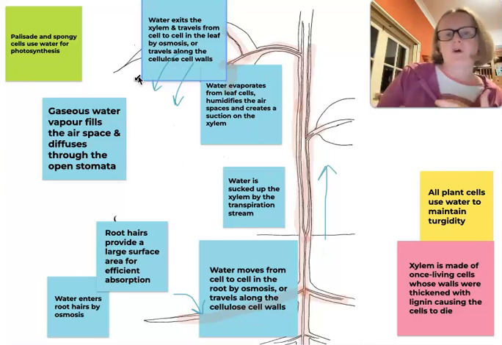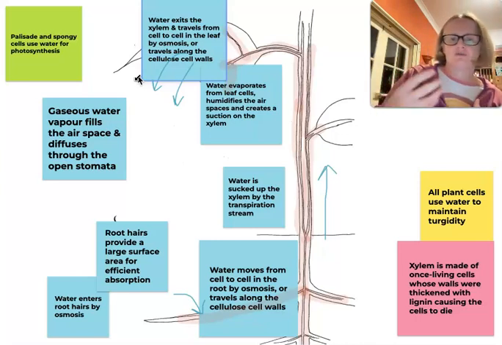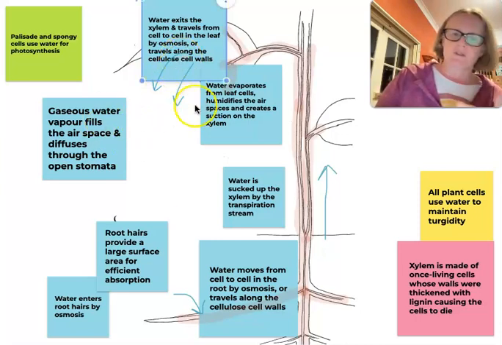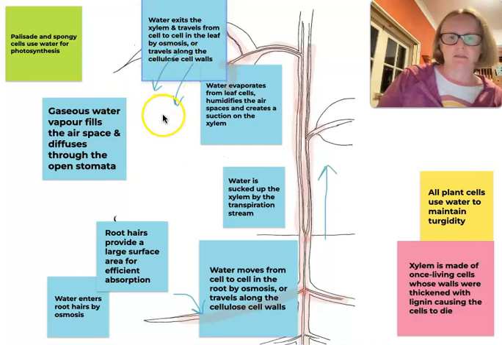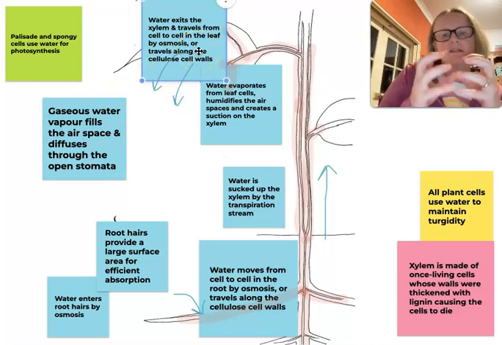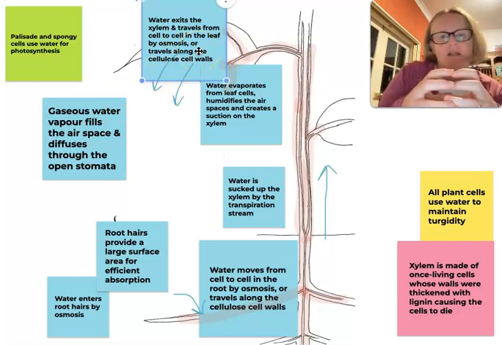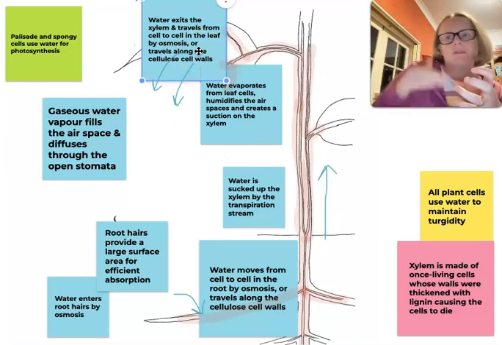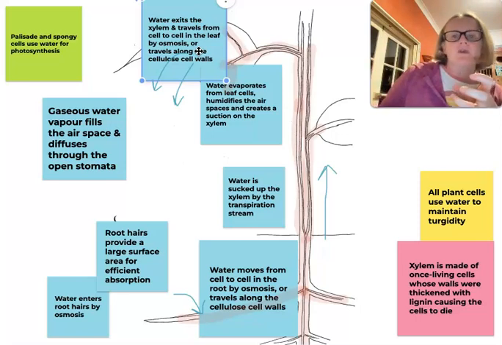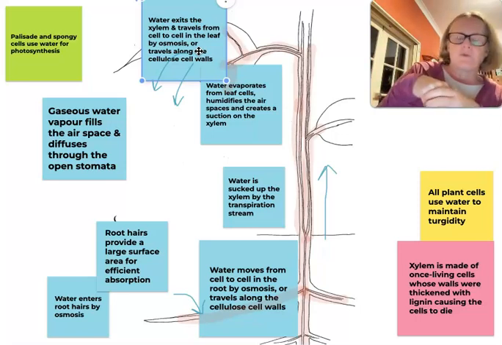So if we think about this whole pattern that we've managed to create here, we start at the top this time, we have water vapor leaving the leaf space. We have cells that are contacting air spaces inside the leaf drying out, essentially. And as they dry out, they cause their neighbour to feel a pull. So by osmosis, the water moves into them.